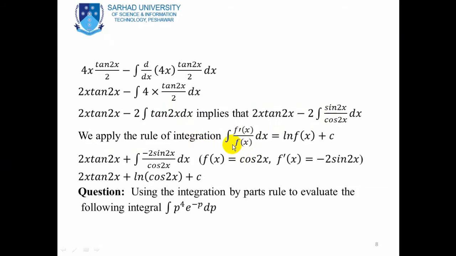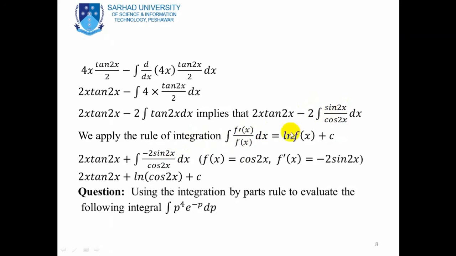This rule states that if the derivative of the denominator appears in the numerator, like you see over here, the derivative of cos 2x is equal to minus 2 sin 2x. So in the numerator we have already obtained minus 2 into sin 2x.